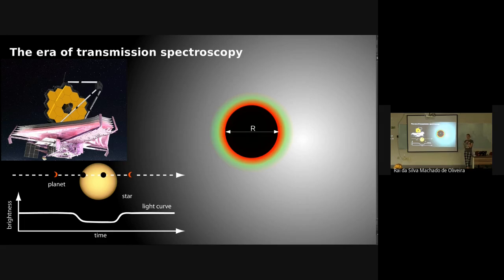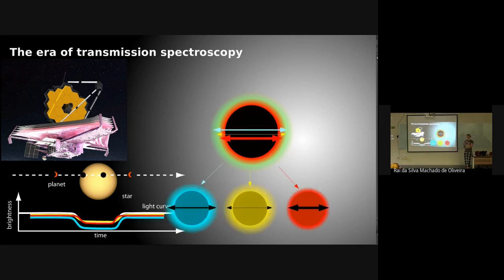But now with James Webb, what we can do in addition to that is not just measure one light curve, but we measure the light curve of a whole spectrum of different wavelengths.